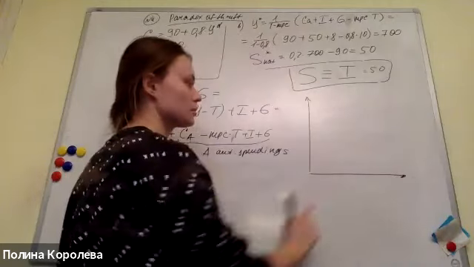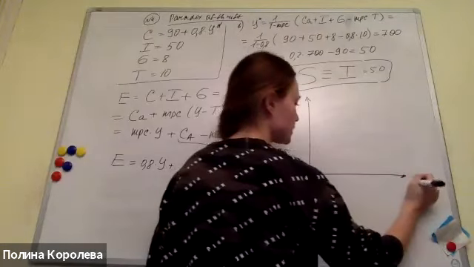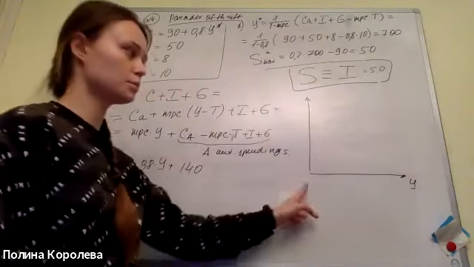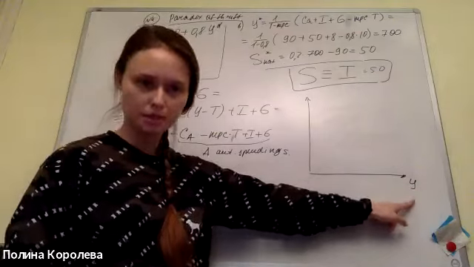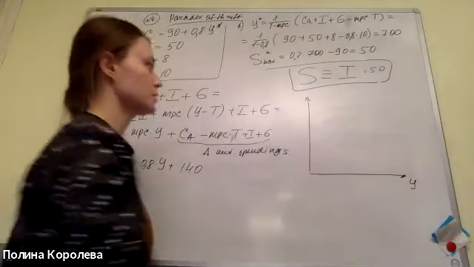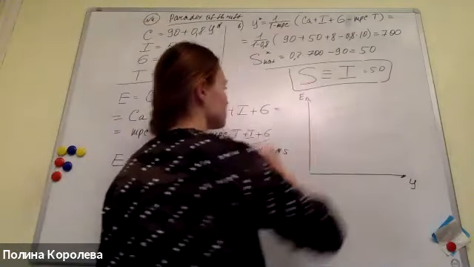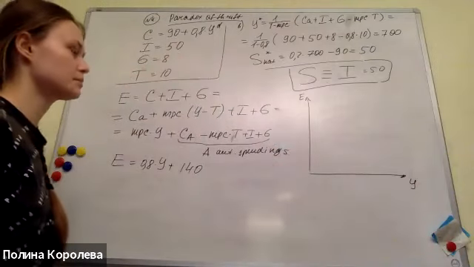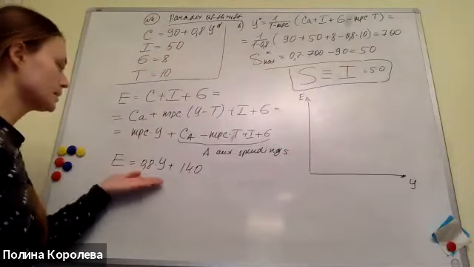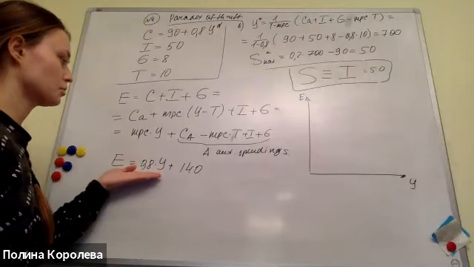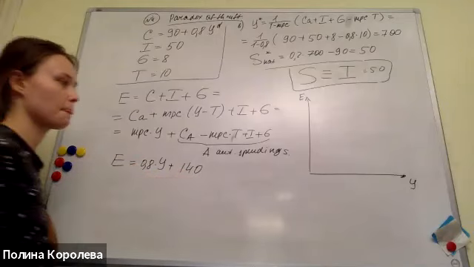So in Keynesian cross, horizontal axis, actual output, actual income, GDP here. Vertical axis, planned expenditures. So planned expenditures in our economy, this one.